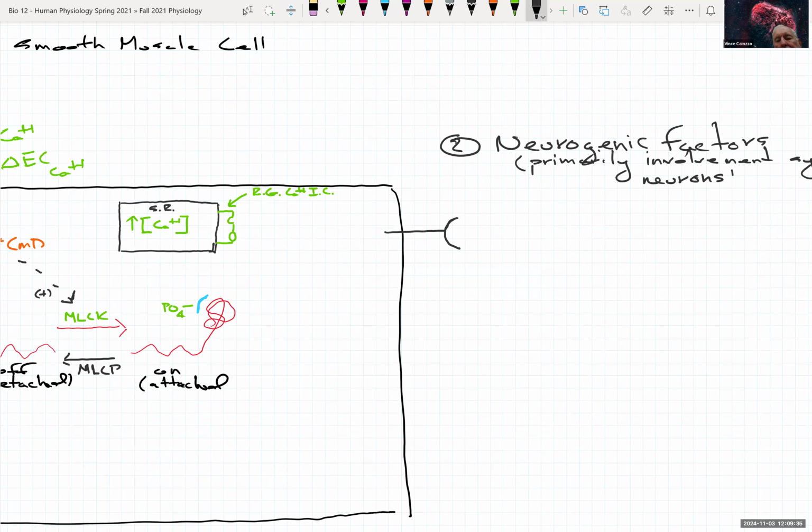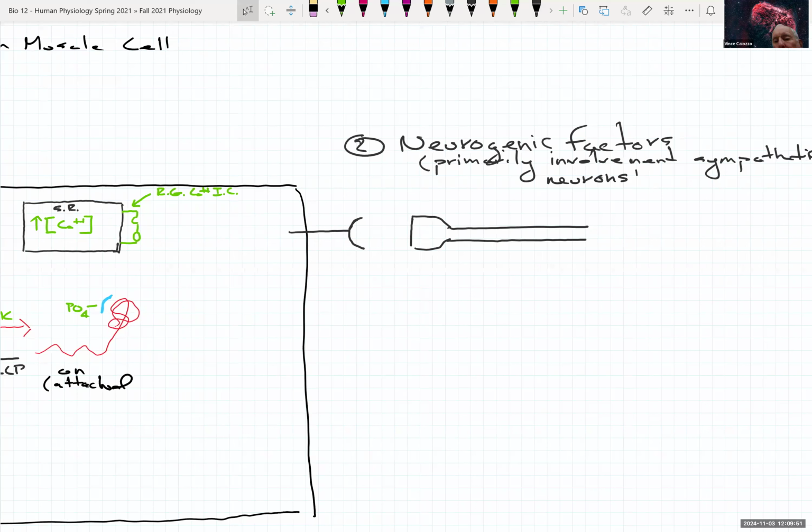So here's our sympathetic neuron. And we'll say that in this case, the sympathetic neuron is releasing norepinephrine, and that norepinephrine is binding to an alpha-1 adrenergic receptor.